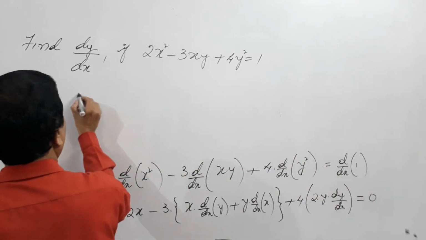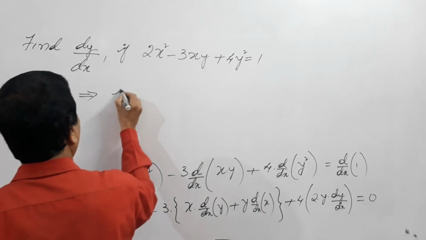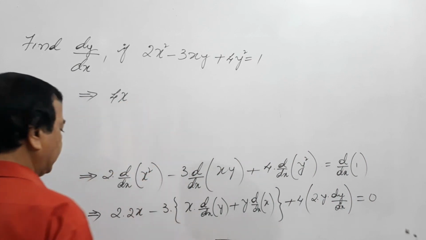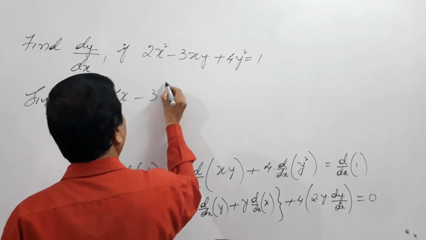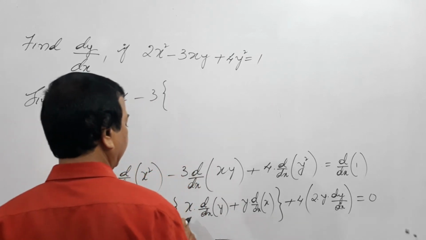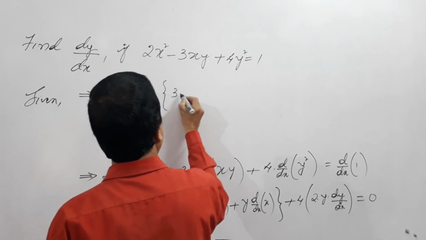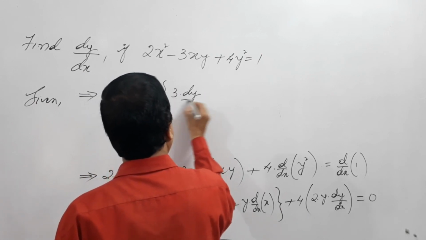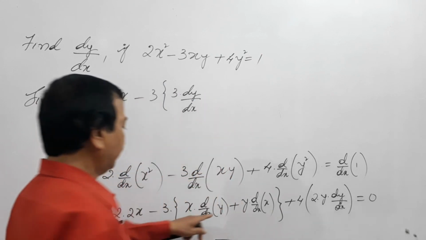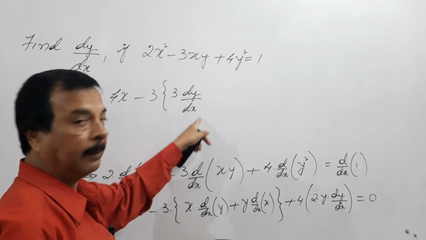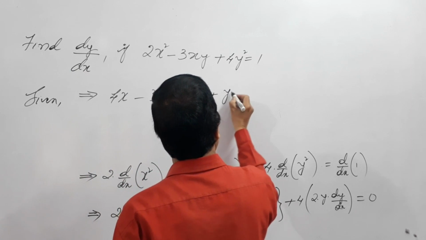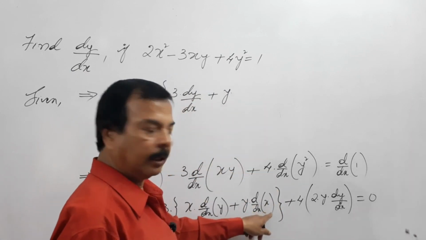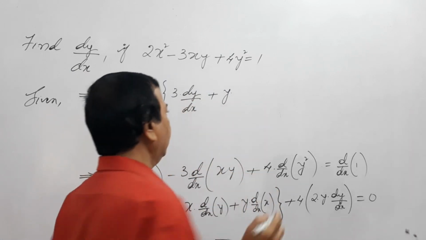So this becomes what? 4x minus 3, I'll take it outside. This becomes 3 into dy by dx, if we differentiate y with respect to x, it becomes dy by dx, plus y into d by dx of x is 1.